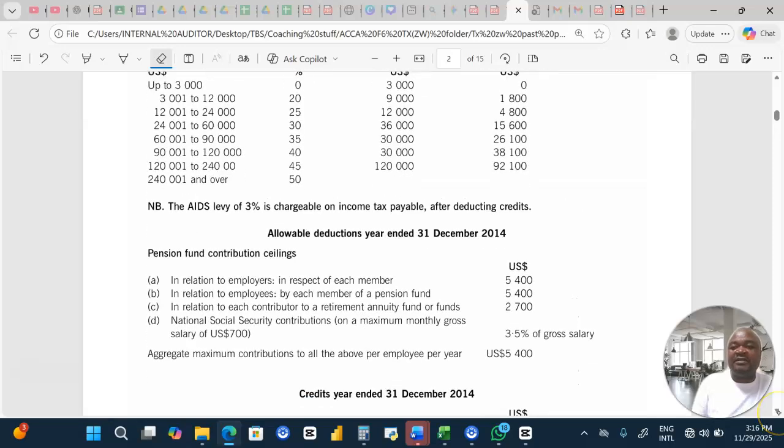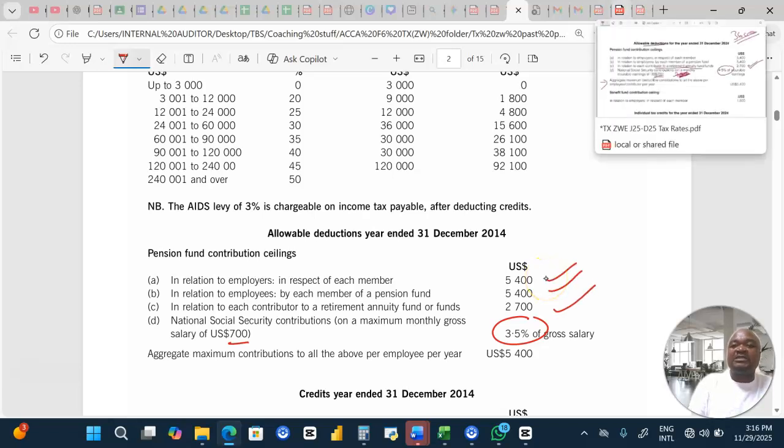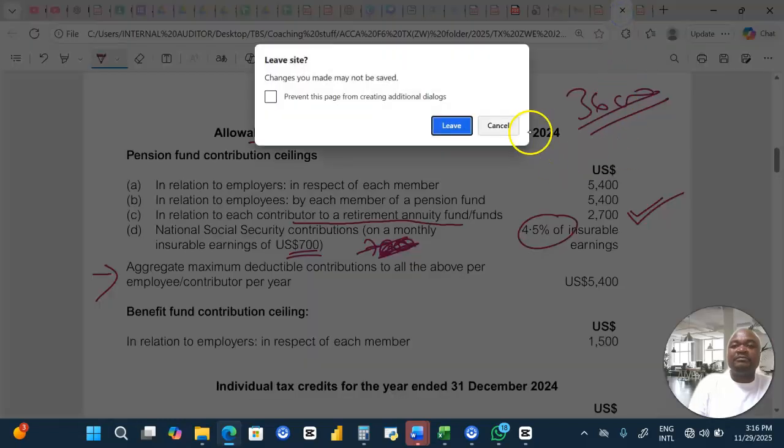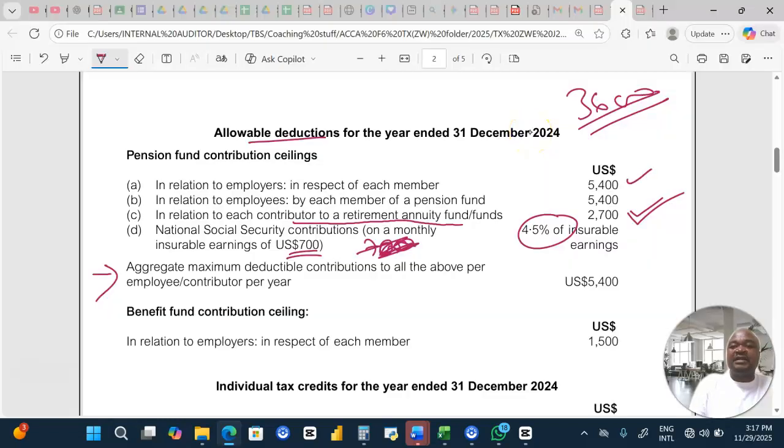You see, they were using 3.5% of gross, but everything is just the same, isn't it? But they were using 3.5%, so this is why the figures tend to differ. But everything is just the same here. That's what was here as well. Just the same, except that here we are using 4.5%.